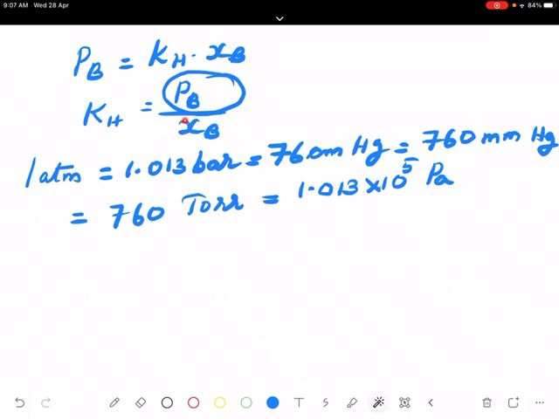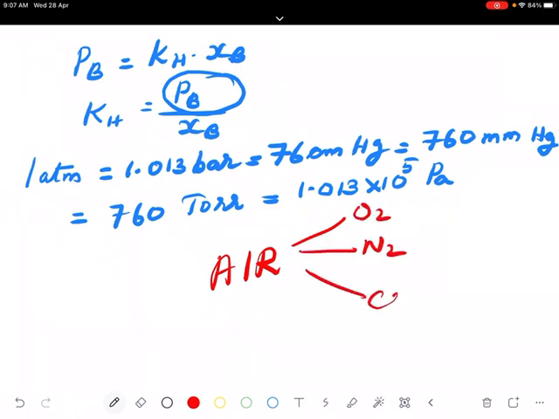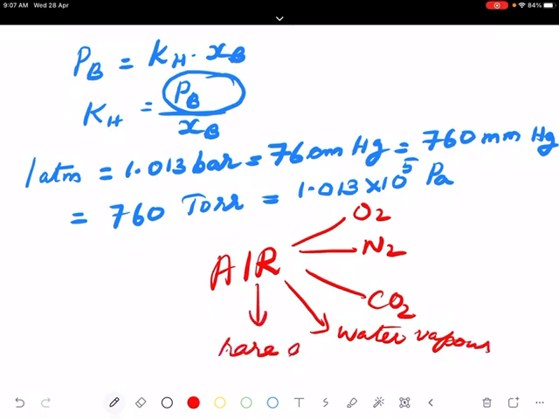When you consider air, it contains so many gases: oxygen, nitrogen, carbon dioxide, water vapor, rare gases. Here the total pressure at sea level we take as 1 atm.